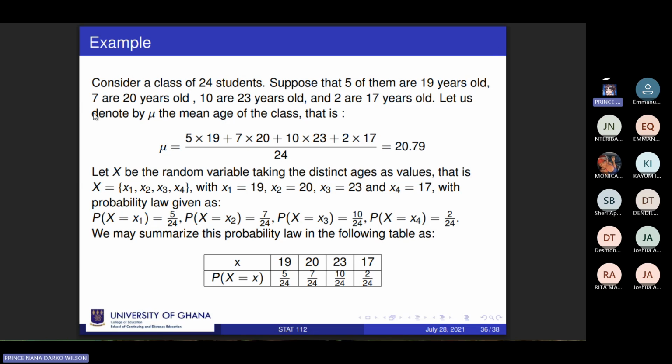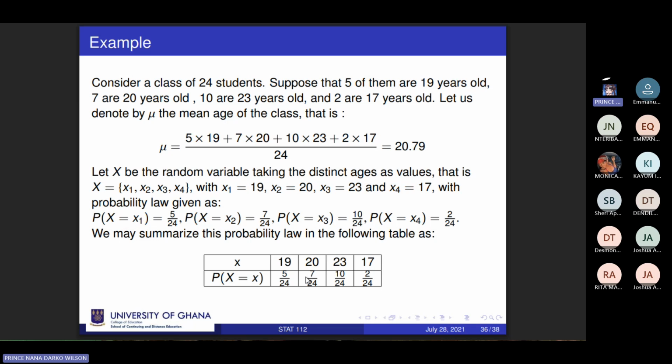It says that the probability of taking an age and that age being x1 is just the number of people who are x1 years old, which is 5 people who are 19 years of age, out of the total, which is 24. And the probability of taking a person who is 20 years old is 7 over 24. These are what we have learned in the previous chapters.